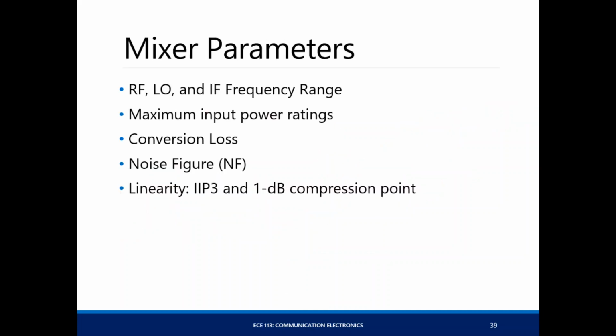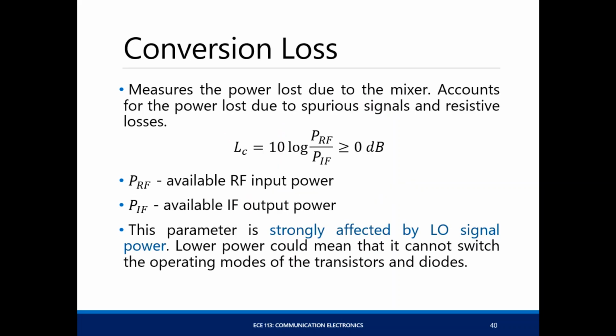Okay. Some important parameters for mixers would be the frequency range of its inputs and outputs, the maximum powers, your loss, the noise figure, and of course, your 1 dB compression point and IIP3. The conversion loss is the power loss due to using the mixer.